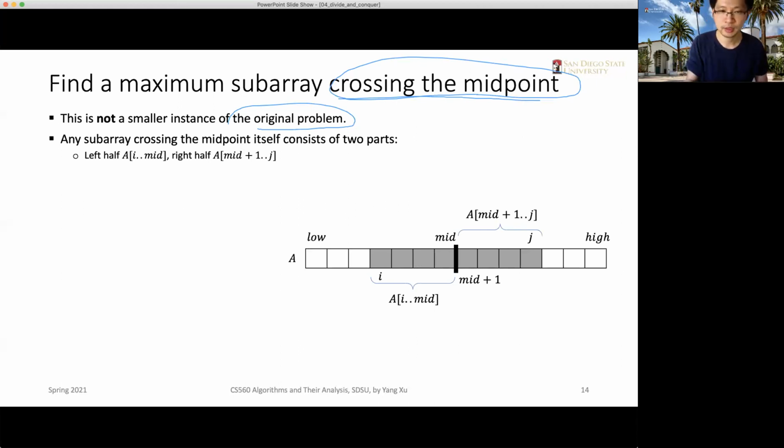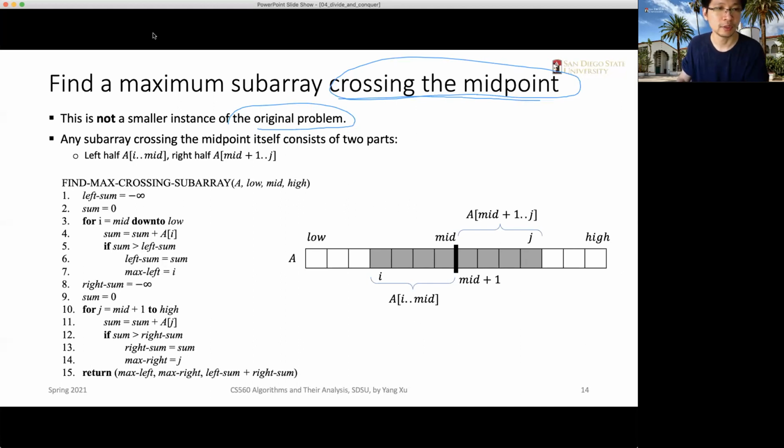And the midpoint is the midpoint of the original array. So we can implement an algorithm called find max crossing subarray. We can define this procedure to find the maximum subarray that crosses the midpoint. Okay, let's see how the work is done.